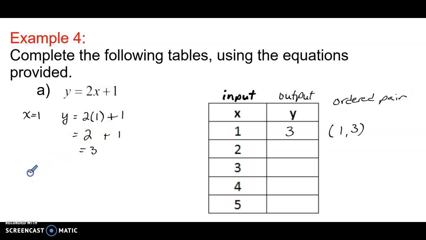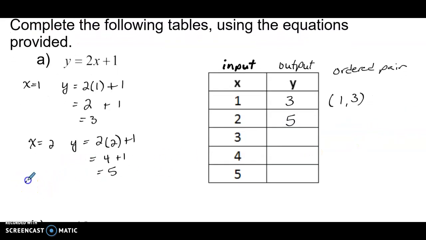All right, let's do this again. x equals 2. y is equal to 2x plus 1. x becomes 2. Double it, add 1. 4 plus 1, my output value is 5. When x is 3, my rule is take x out, put 3 in, and then add 1. So double it, that's 6.